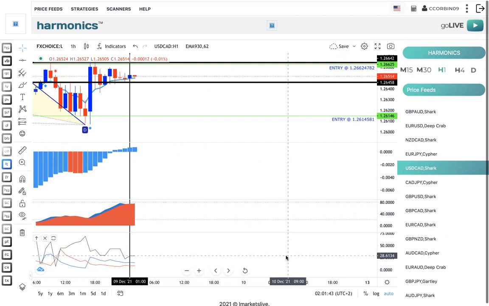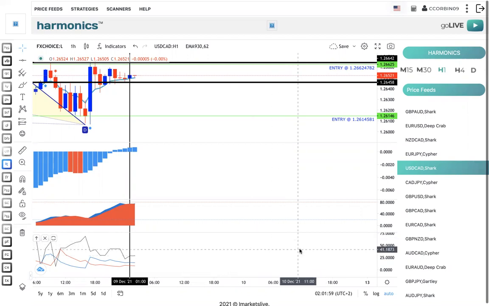All you have to do is go to your app and put in what I'm telling you. Buy limit USD CAD. Your entry price will be 1.26458. Then you're going to set that TP if it decides to go back up to your TP1. We're only going to do one TP for this one because it looks a little sketchy.